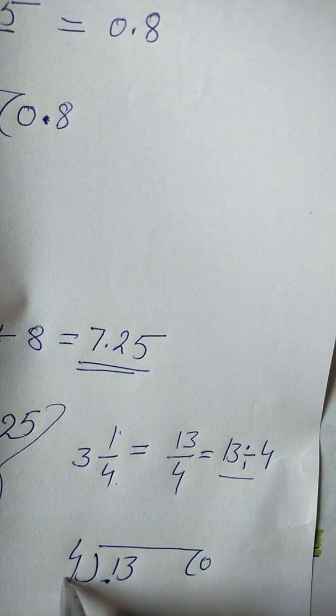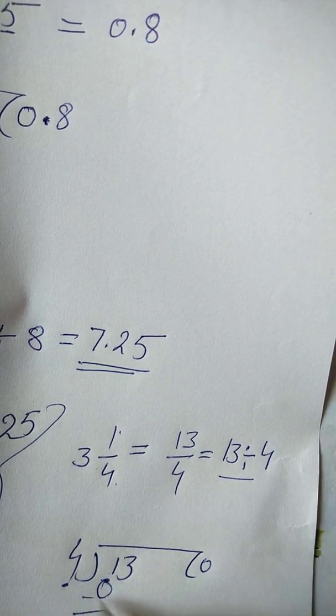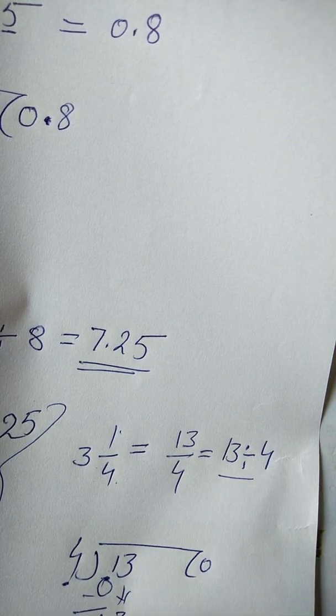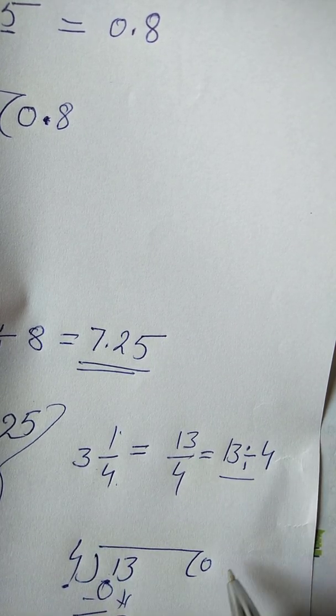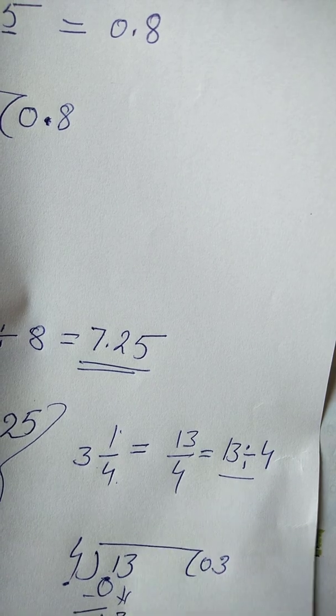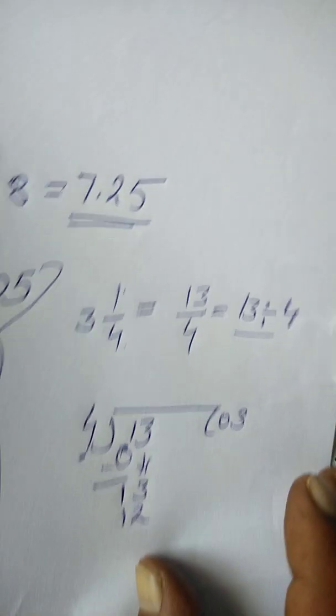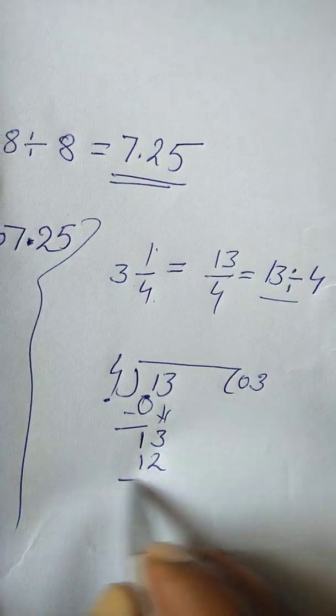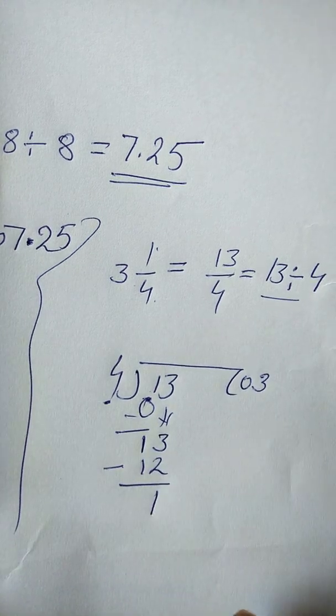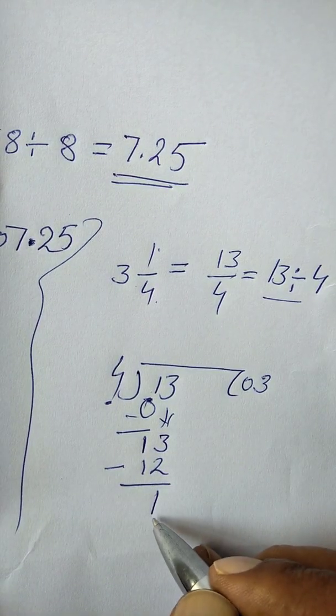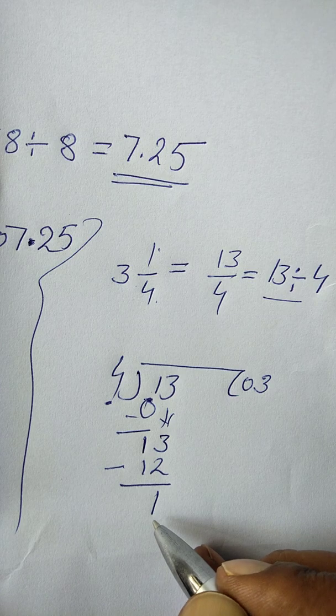So 1 is less than 4. 4 zeros are 0, subtract, 1. Take the next digit. Beside the table of 4, 4 threes are 12. Subtract it. You will get remainder 1. No remainder should be left.